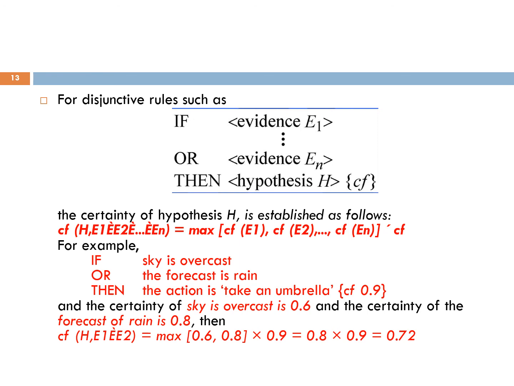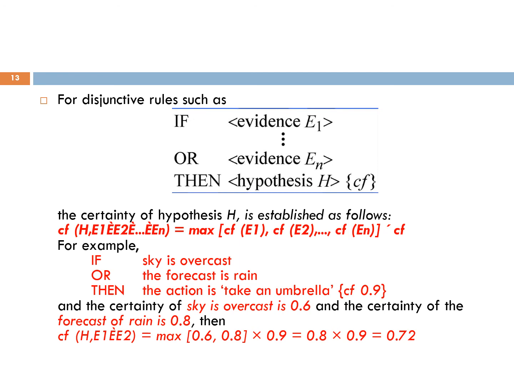And the certainty of the sky is overcast, let's say, is given 0.6, and the certainty of the forecast of rain is 0.8.